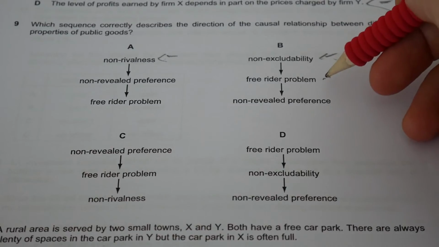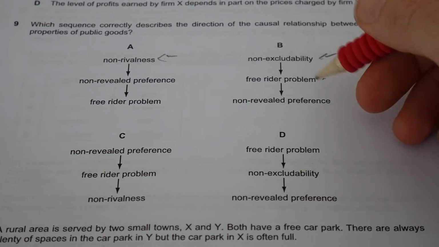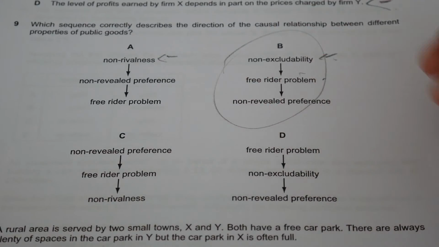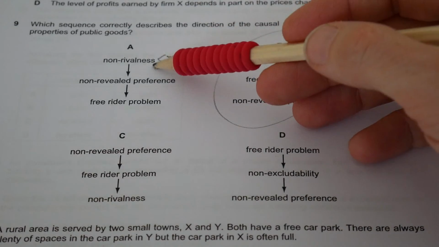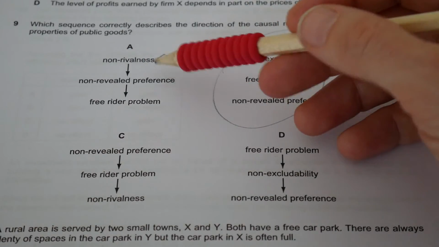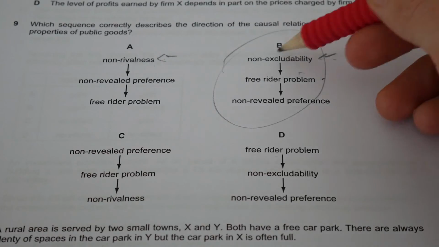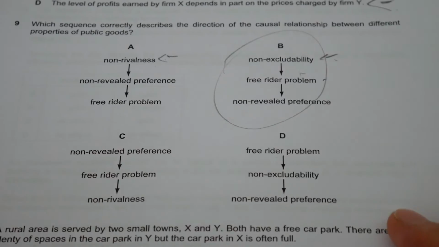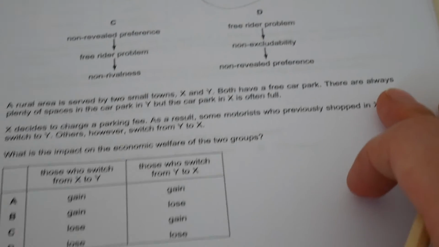That means that you may have free riders, and because they do not have to pay for it, you don't know what's going on. So that seems entirely accurate. Whereas non-rival then to non-revealed preference, no, it doesn't make the same degree of sense, because this bit simply means that anyone can consume it, of course. So the answer would be B.